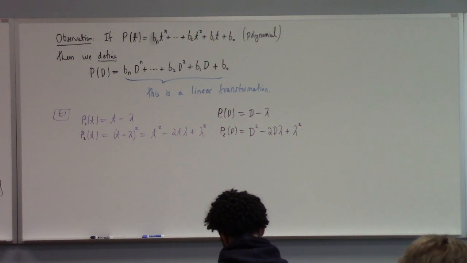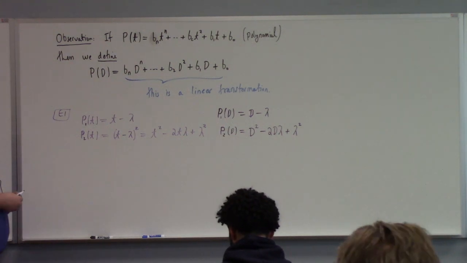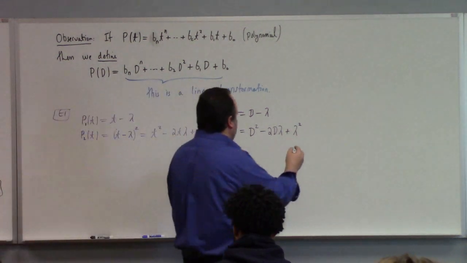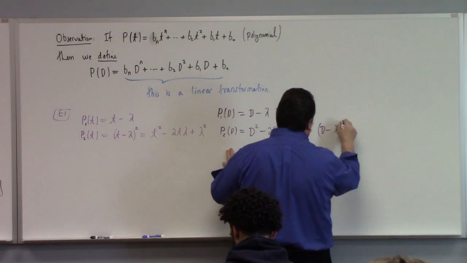But what's really neat about all this, and I'll show you an example before I make a general claim, and then rather than proving the general claim, which you would all fall asleep over, you notice something here. This is also equal to D minus lambda squared.